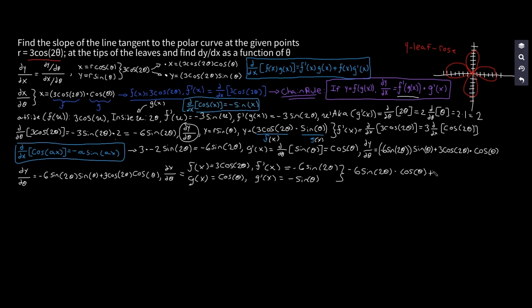Not a negative. Oh, almost a negative. Well, it could be. Hold on. Let's just see what happens. Let me not get ahead of myself here. Plus 3 cosine 2 theta times negative sine of theta.